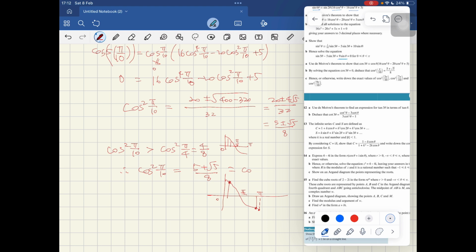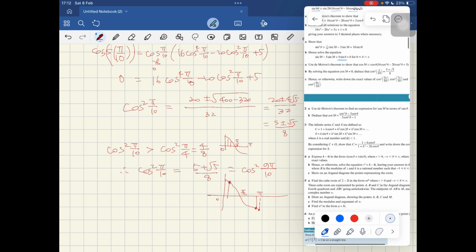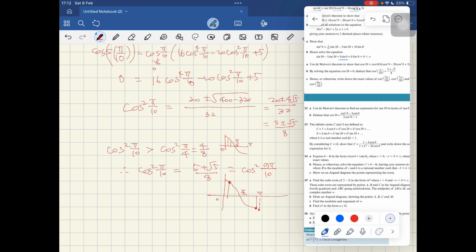So this should be exactly the same because it's squared, so plus minus doesn't mean anything here. Then cos squared 3 pi over 10 and cos squared 7 pi over 10 should be (5 minus square root of 5) over 8, as it is smaller than cos squared pi over 4 this time.